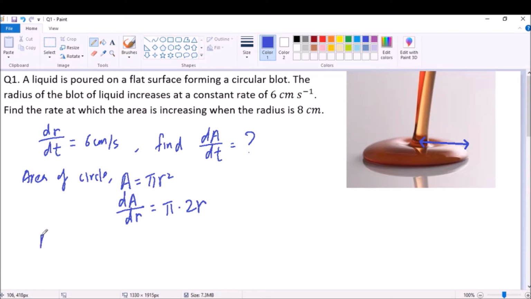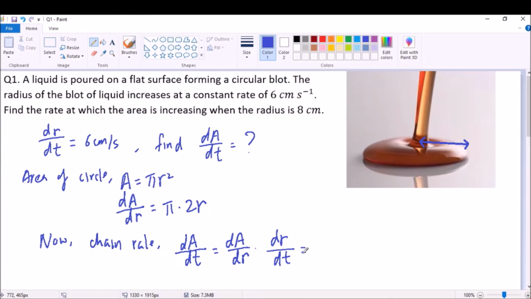Now we can make use of the chain rule, where dA by dt, the rate of increase of the area, equals the rate of increase of area with respect to the radius, multiplied by dr over dt.